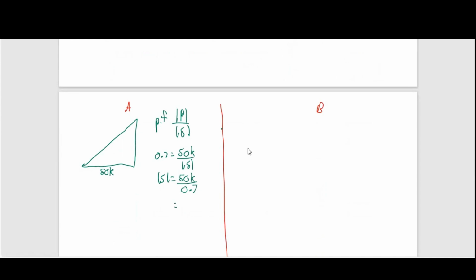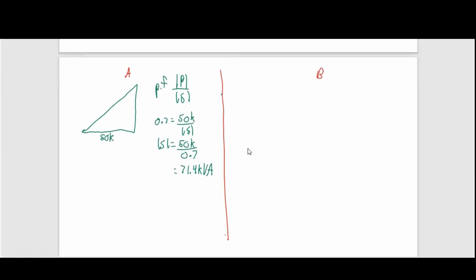So that is 50, 1, 2, 3 divided by 0.7. All right, so that'll be 71.4 kVA. So that'll be S, 71.4K.